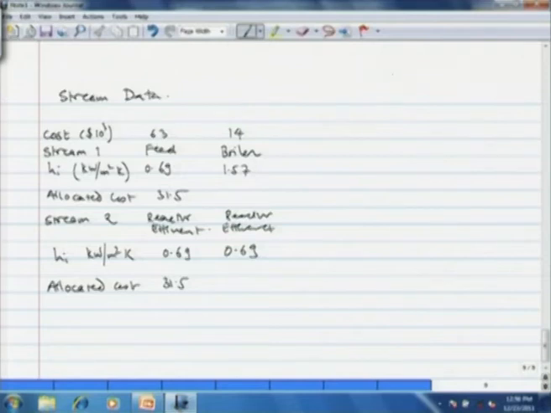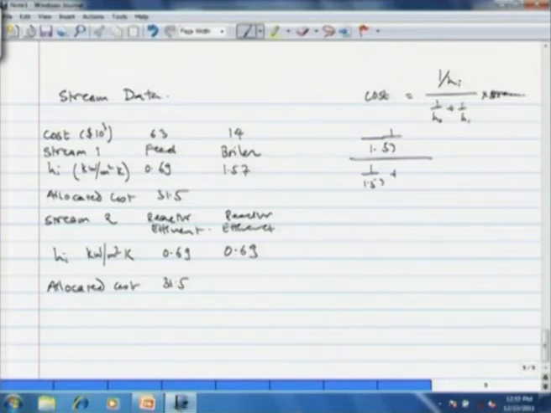Here we have to use that the cost allocated to a stream is (1 by HI) divided by (1 by HI plus 1 by HO) into the total cost. Therefore, for stream 1 we write 1 by 1.57 divided by 1 by 1.57 plus 1 by 0.69, into the total cost 14, and this comes out to approximately $10,000.